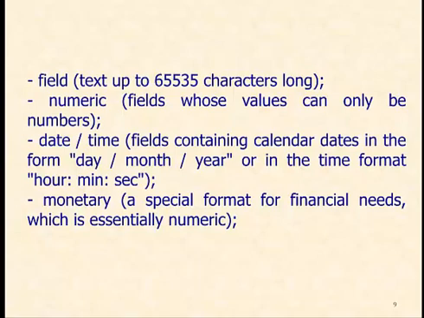The next is date or time, fields containing calendar dates in the form day, month, year, or in the time format, hour, minutes, and seconds. And the next is monetary, a special format for financial needs, which is essentially numeric.